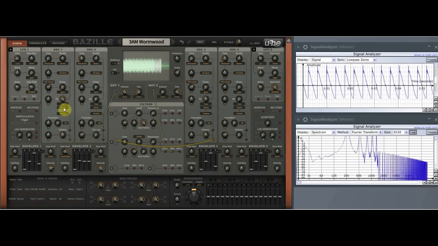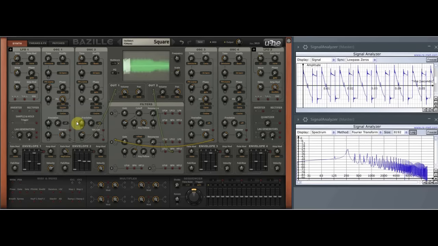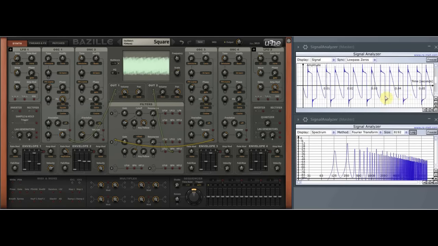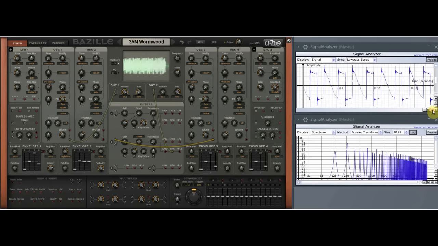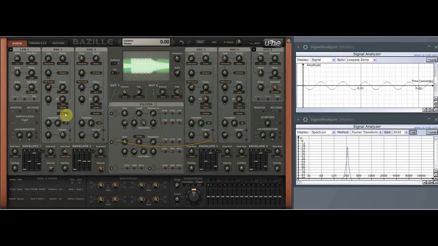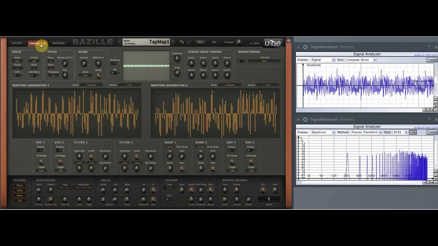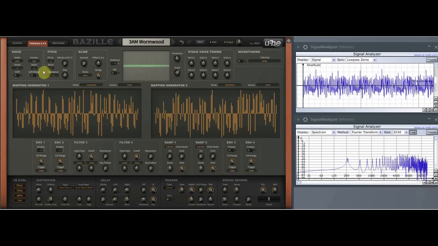For example, saw and square. And the lower selector sets the waveform before phase distortion, for example, cosine or mapping generator 1 or 2.